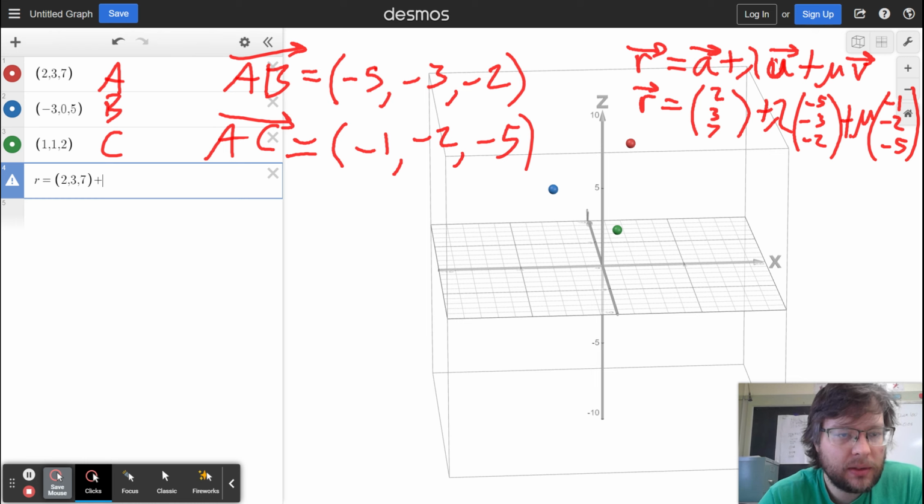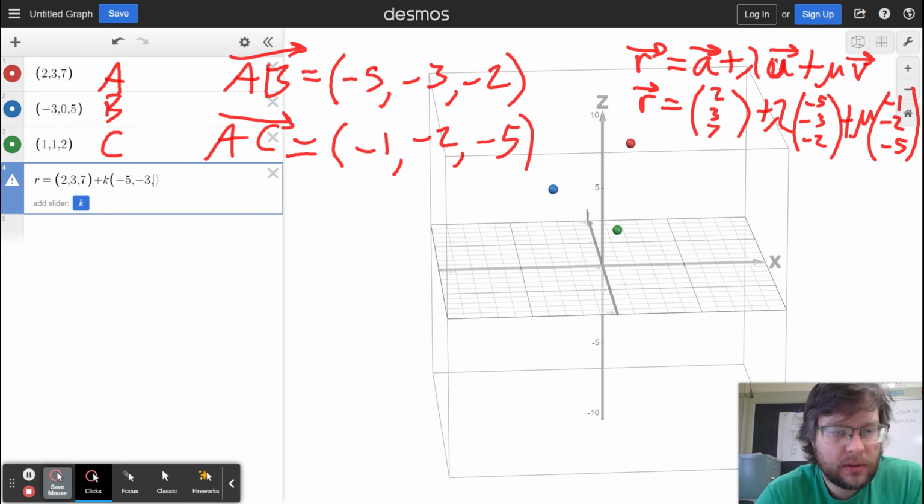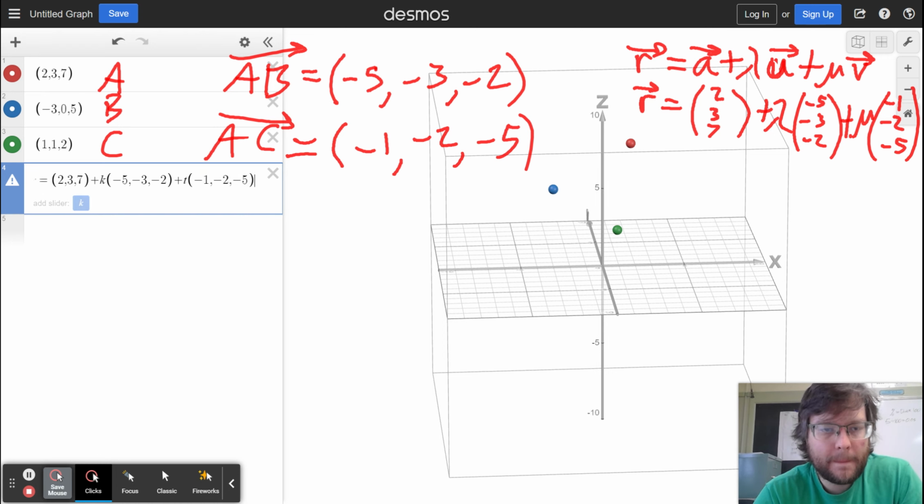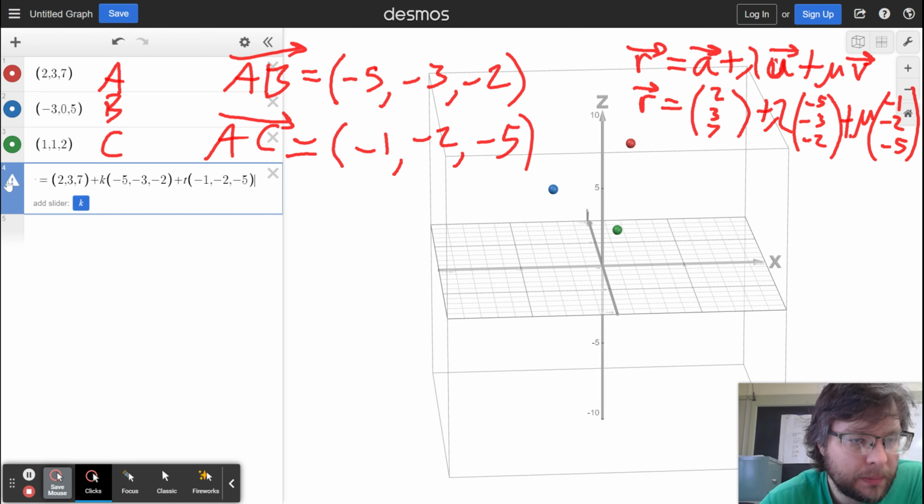Let's see if I can make this work. Let's just use different parameters. Let's use K times -5, -3, -2, and plus T. Okay, let's see what happens here.